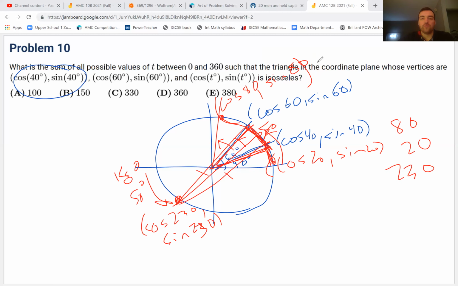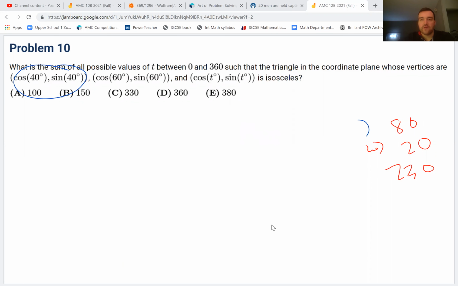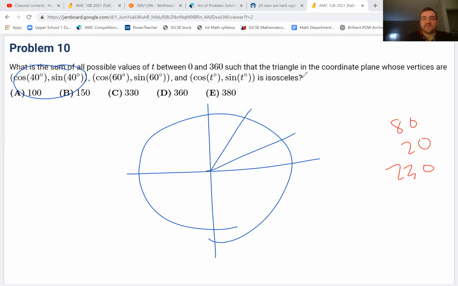And then there's actually one more, which I'm going to redraw because I need more room. It's a little messy. So if we go back here, we have 40, we have 60.